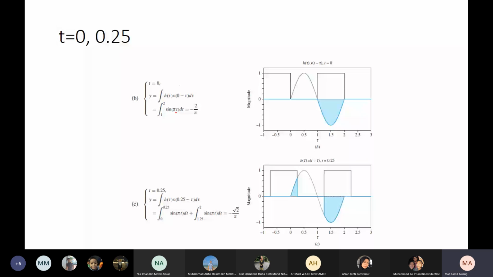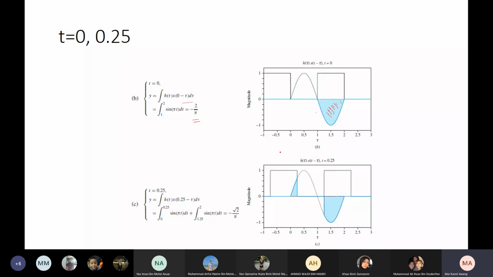If you do the integration, you will get minus 2 over pi. So this area is minus 2 over pi. The minus is because it is below the 0 line.